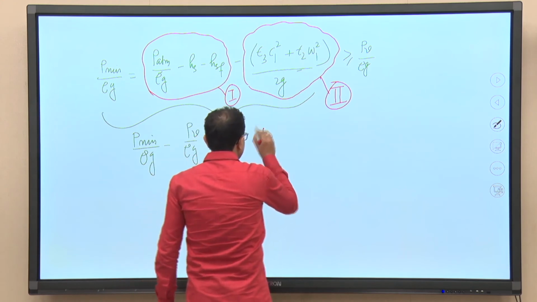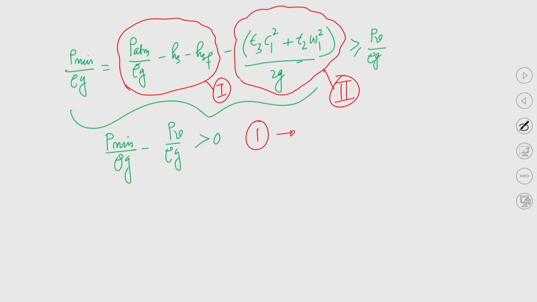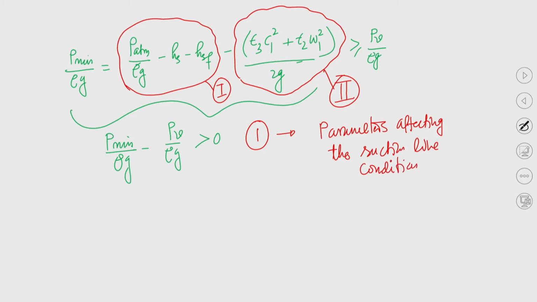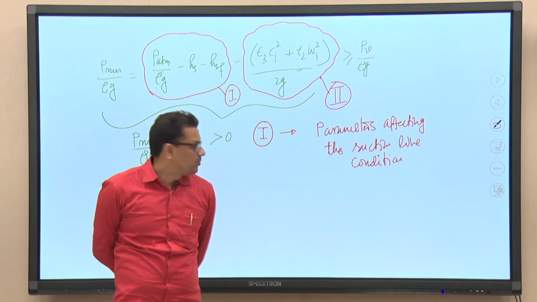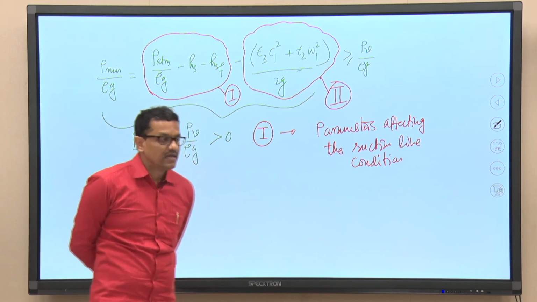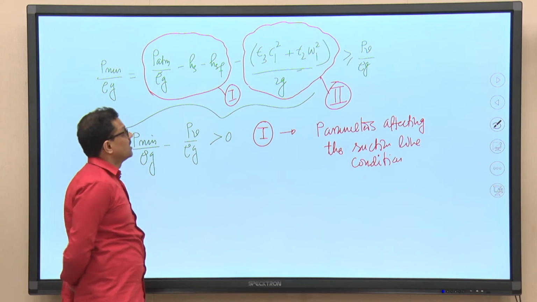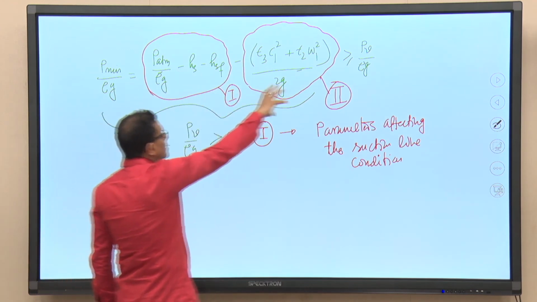This term 1 has the parameters affecting the suction line condition. That means we need this term to be greater than P v by rho g.